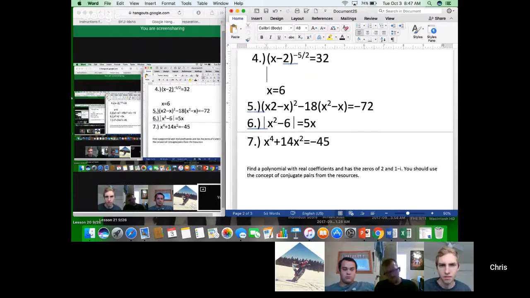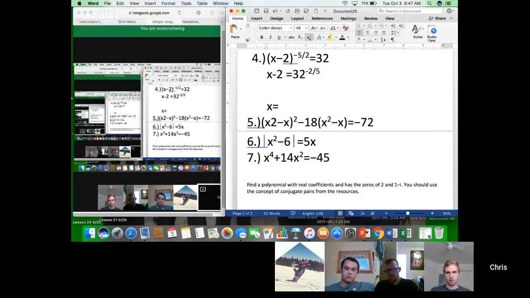So let me see about this. x minus 2 equals 32 to the... So it's still negative, but it's 2/5. That's the only difference. And then x equals 9/4.